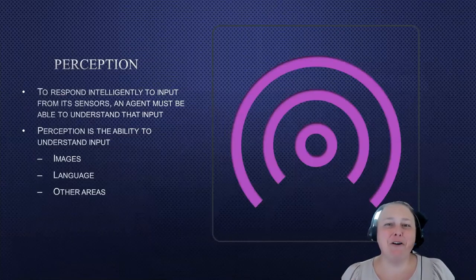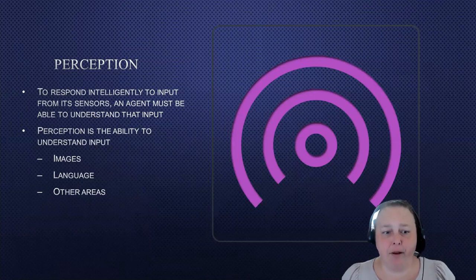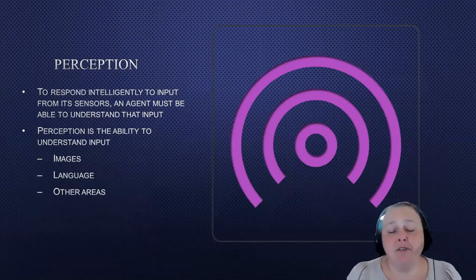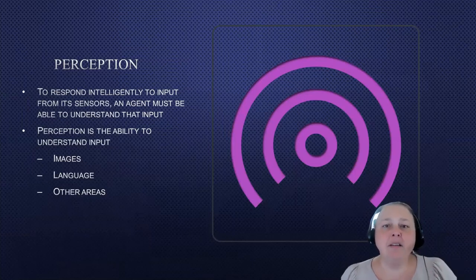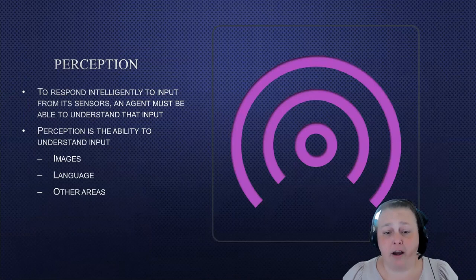In order for artificial intelligence to respond intelligently to any type of input from its sensors or actuators, it has to be able to understand the input. Now, when you're talking about input with artificial intelligence, you're talking about things much greater than text and typewriter input. So it's the ability to understand images and languages and many different other areas.